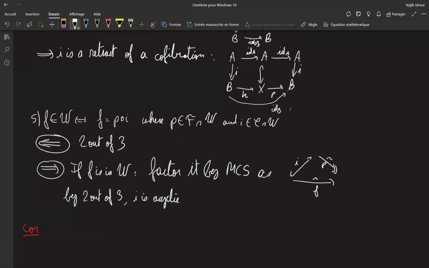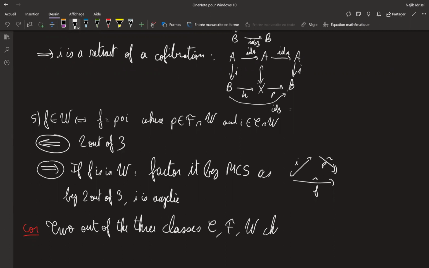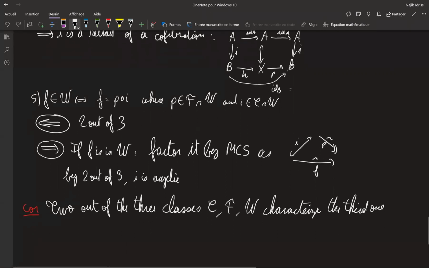So the first part is what I said earlier, is that 2 out of the 3 classes C, F, and W characterize the third one. All right? What do I mean by this? I mean that if you know 2 classes out of these 3, then you know the third one.